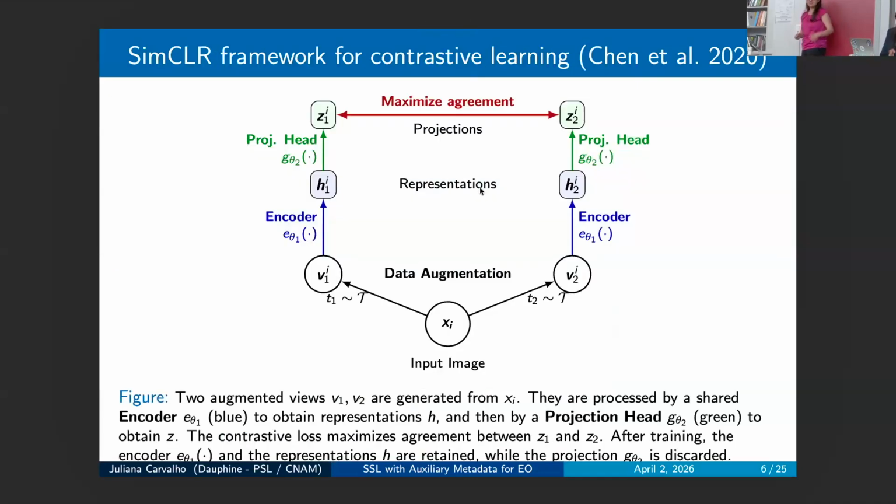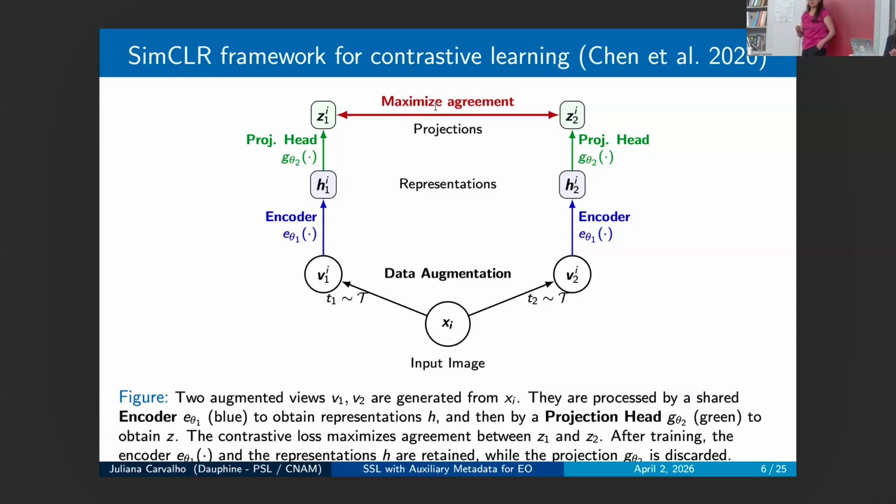This is more technically translated into this architecture, where you have the input image X, and you create two augmentation views, V1 and V2. Then you pass them through a shared encoder, producing representations H1 and H2, and next use a projection head, such as an MLP, to get the projections.